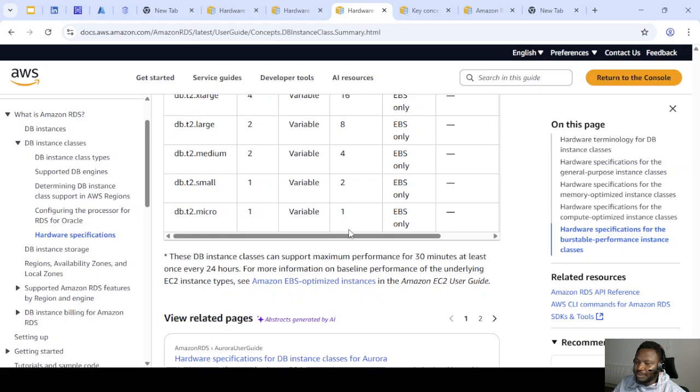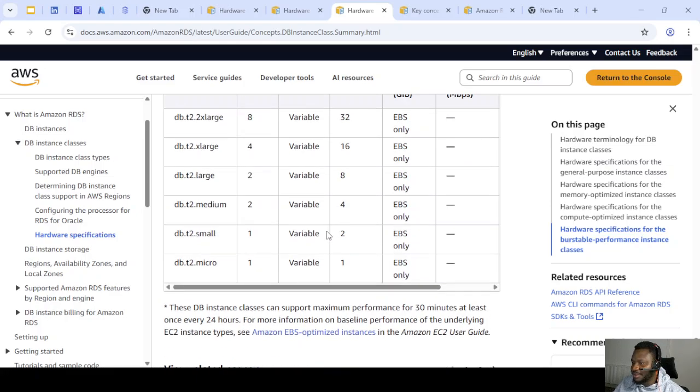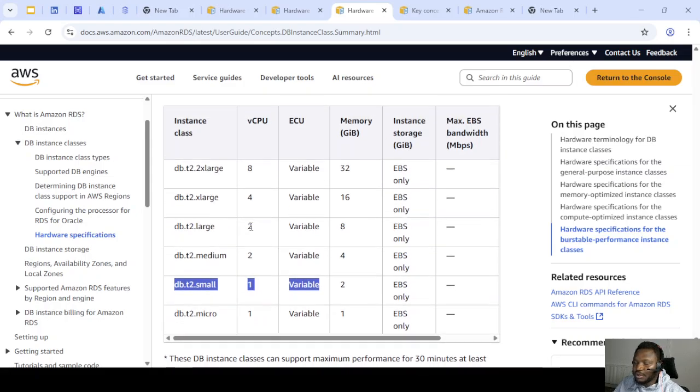If you have an RDS instance class that's just for testing purposes, you can go for DB T2 small or T2 micro, right? Or maybe T3, without any problem. But you need to understand how these instances function. So for us to understand how these instances function, I will take you through the concept of bursting, right? When they say an RDS instance is burstable, what does that mean?